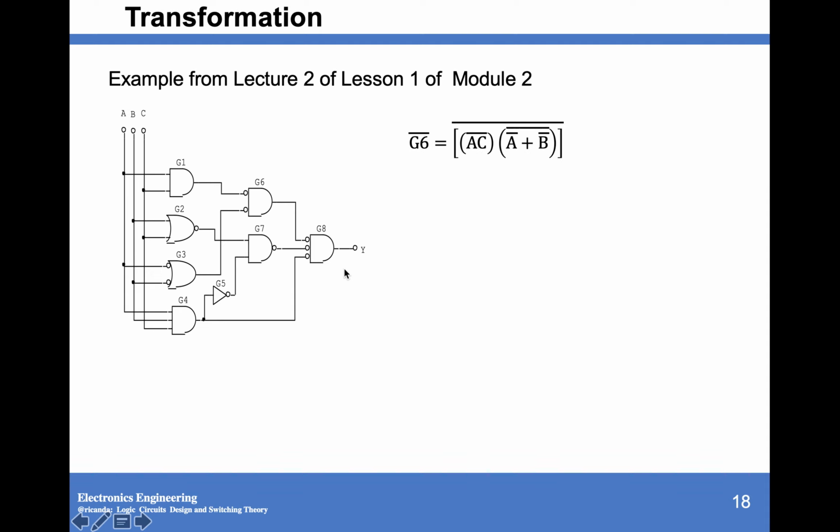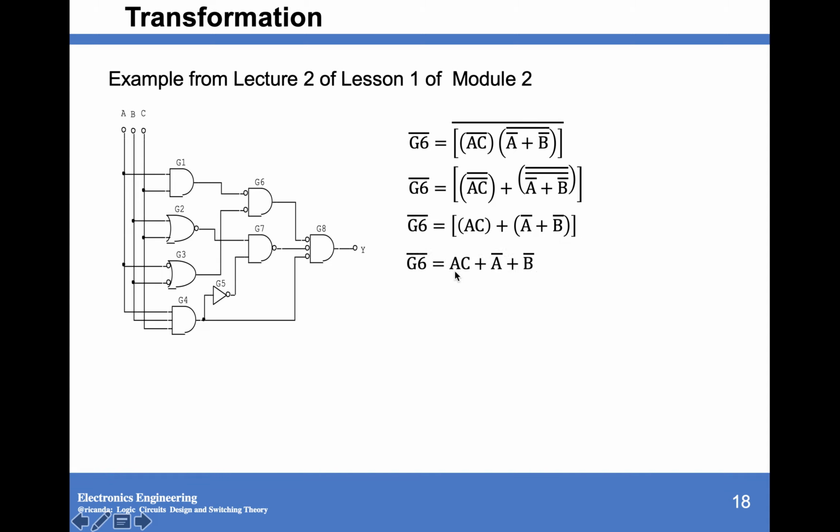So first, we have to simplify gate number 6. So gate number 6, using De Morgan's, we have now a double bar over this quantity. Applying double negative, we have now eliminated the double bar. We have AC or A bar or B bar.